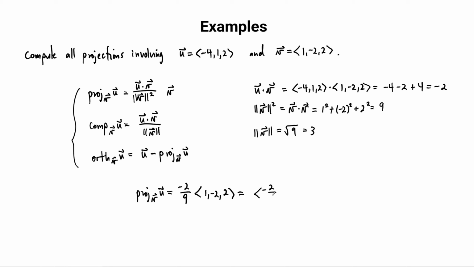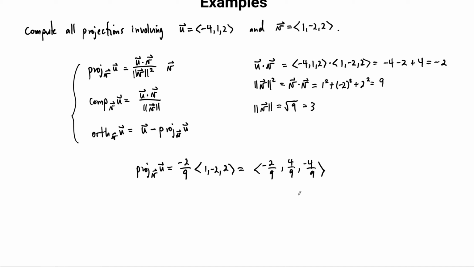So this is -2/9, +4/9, and then -4/9. Okay, so there's our projection of u onto v. The component projection is just a number. So the component onto v of u is the dot product, -2, divided by the length of v, not the length squared, just the length of v. So -2/3. That's it, that's the answer.